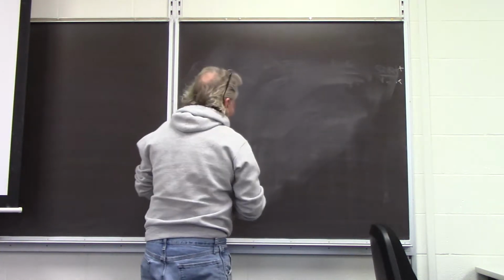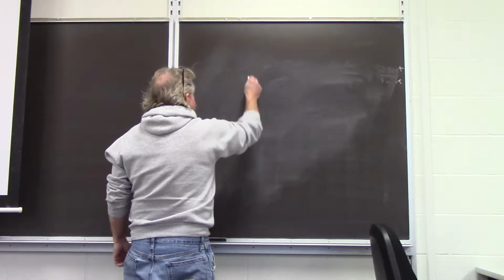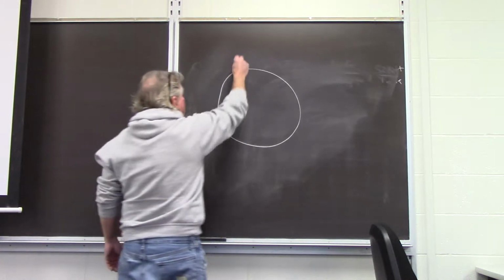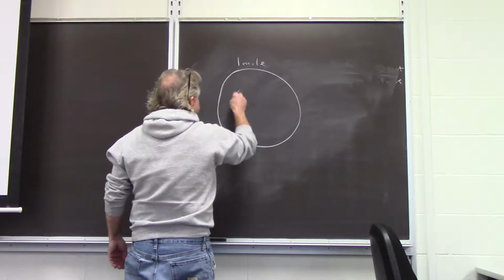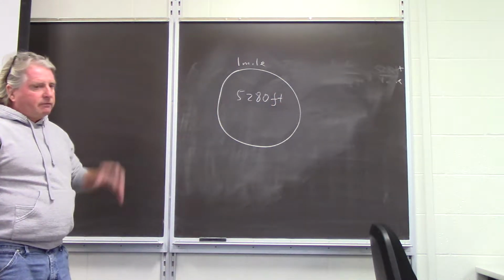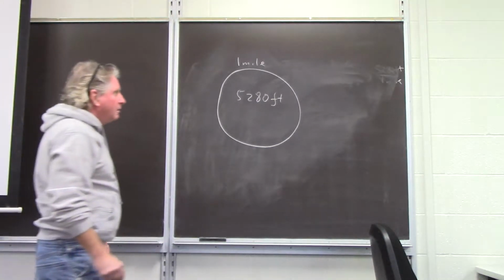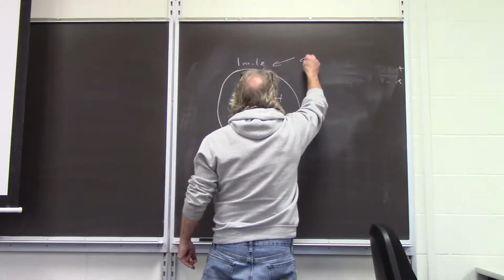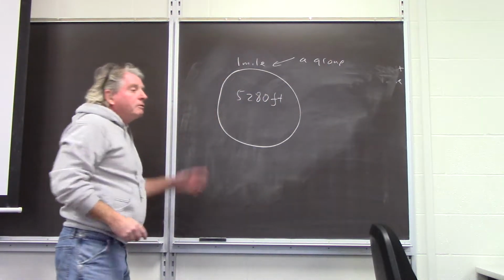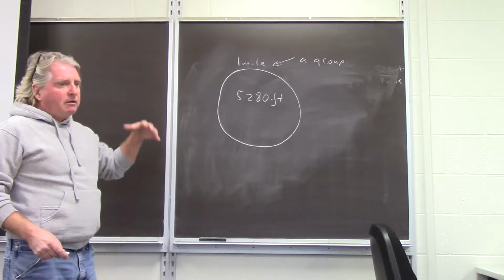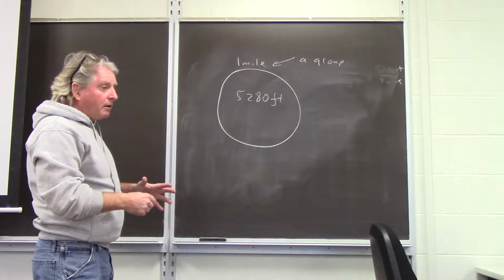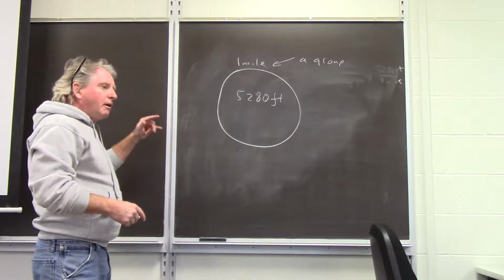The key is this: in 1 mile we have 5,280 feet. So what we can think of is a mile as a group. So this is a group, and there's 5,280 feet in my mile. Now what I'm saying is I have 5 of these.